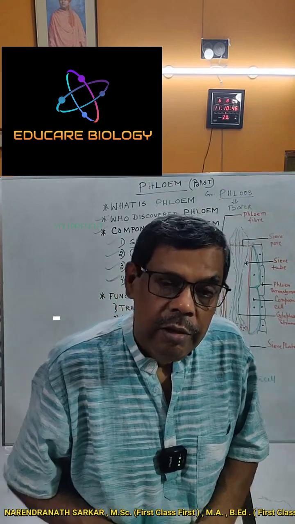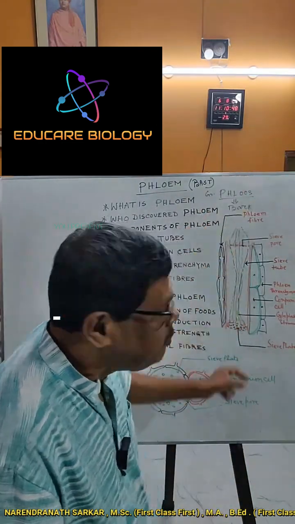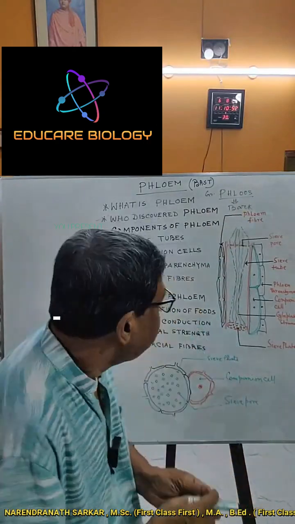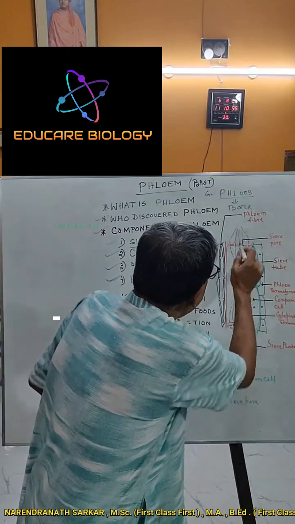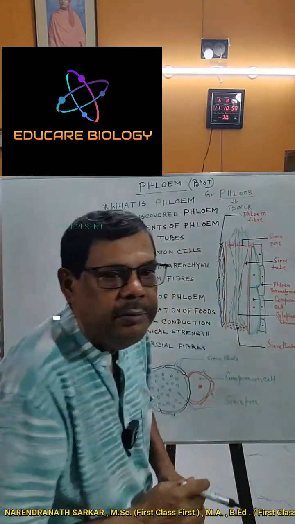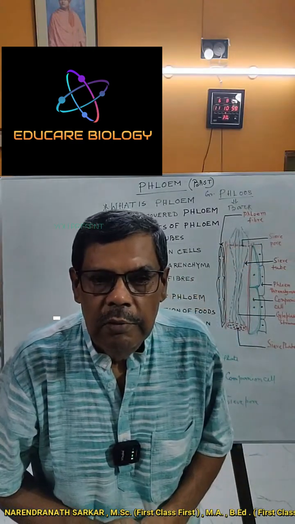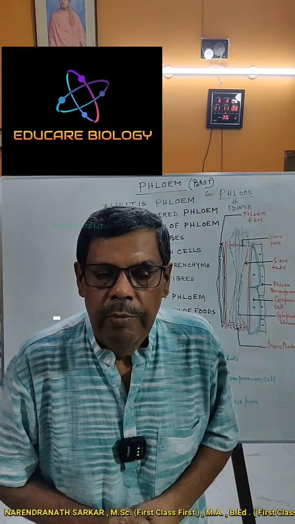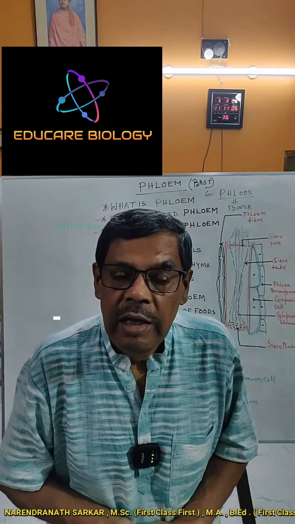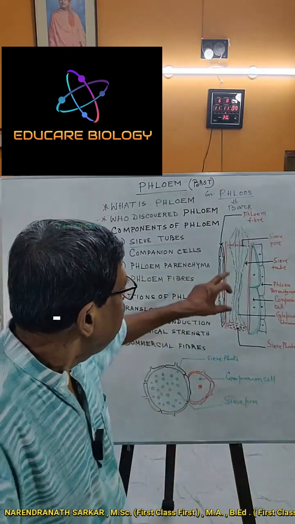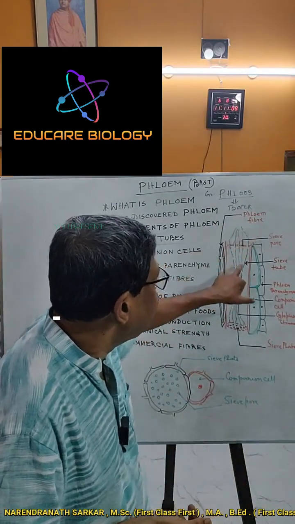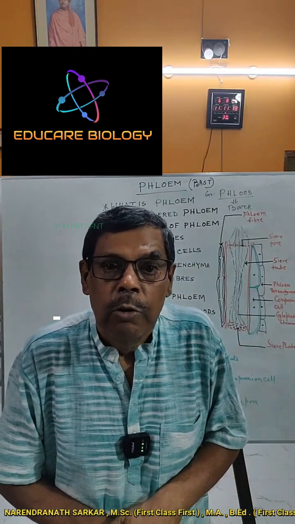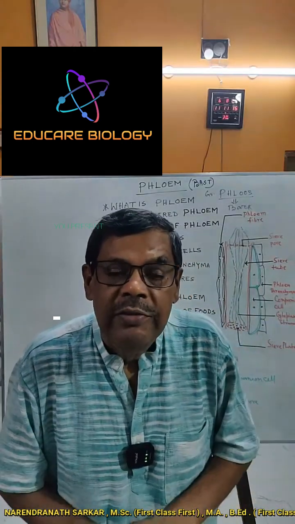Next, adjacent sieve tube cells are joined by cytoplasmic strands. At the end of sieve tube cells, in between two sieve tube cells, there is a plate-like structure, which is called the sieve plate.